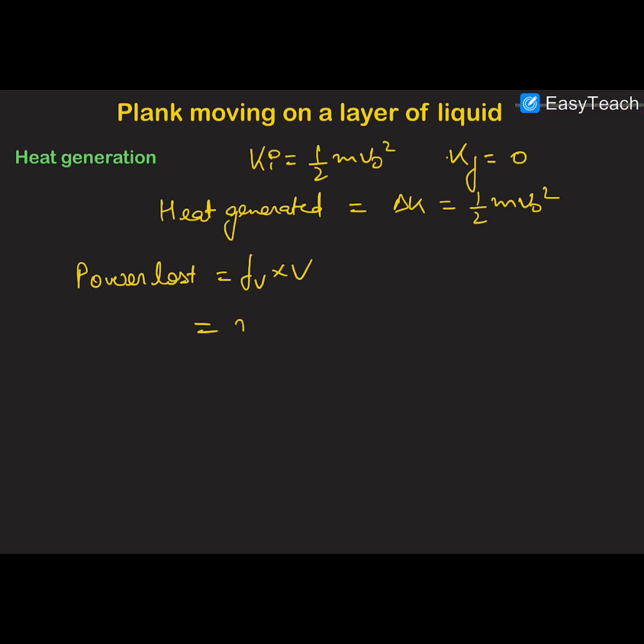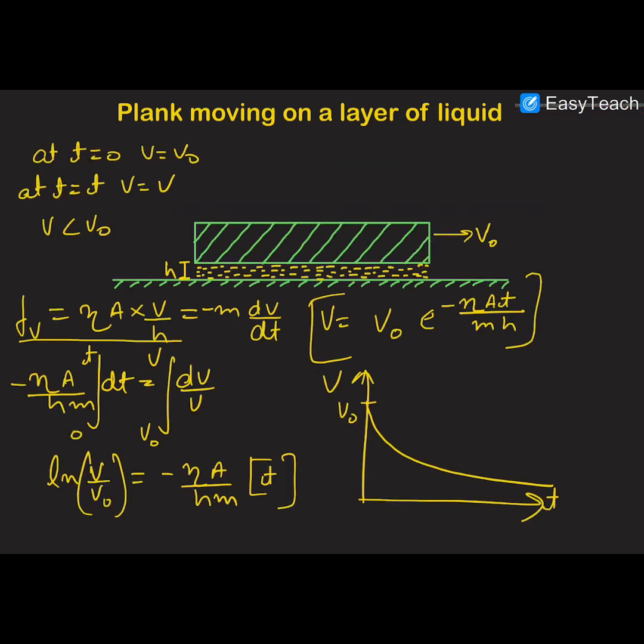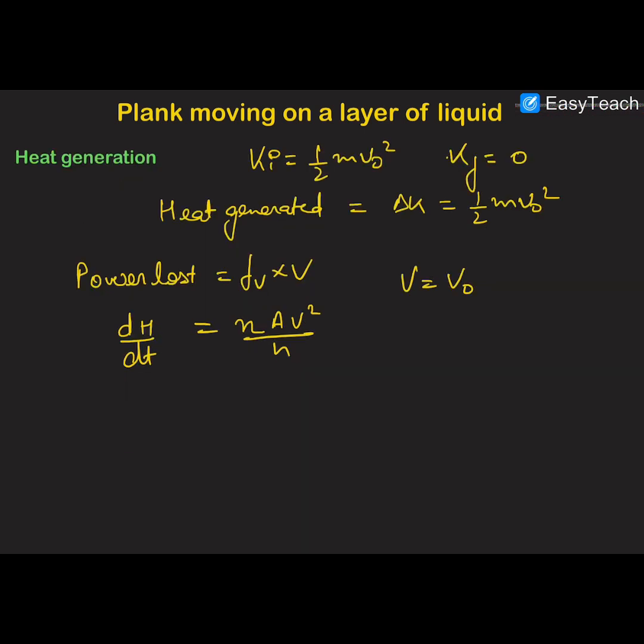So it would be eta A v square by h, and power lost can be written as dH by dt, and we can substitute the value of v as v naught into e to the power minus eta A t by m h. So we can substitute the value of v here, and we can integrate this term with respect to time to find out the heat loss.